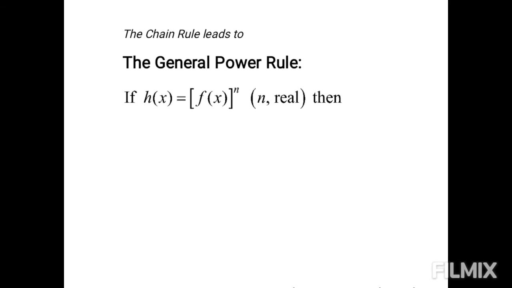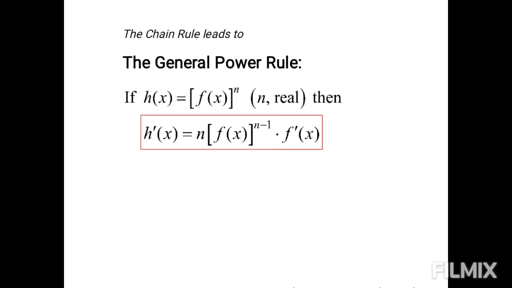Now let's see the other rules, because the chain rule also leads to the so-called general power rule. And how does it work out? If we have h of x equals f of x raised to n, where n is a real number, then we have this as our guide for this rule.